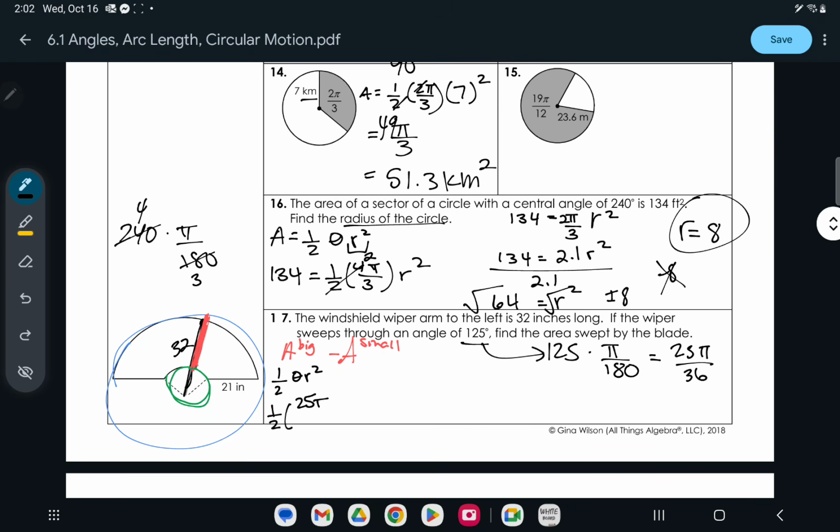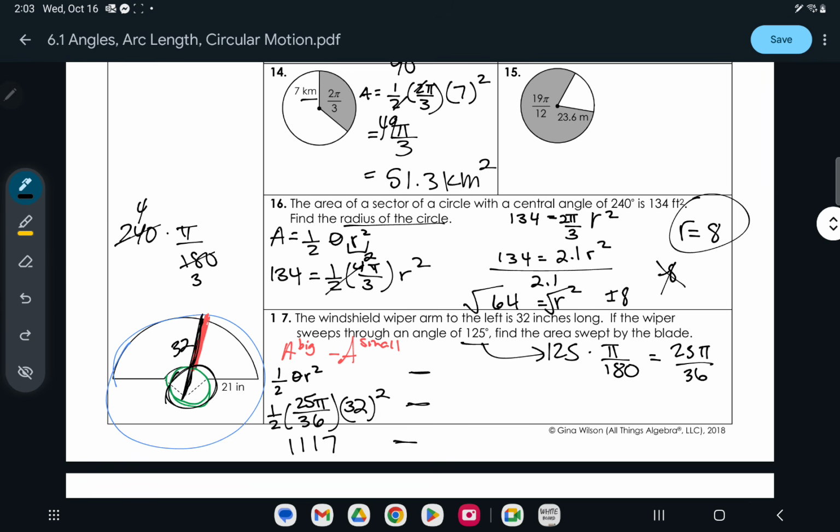So 25 pi over 36 times r. So the big circle, that would be 32. So then if I put that all in a calculator, 1/2 times 25 pi over 36 times 32 squared, I get 1117.